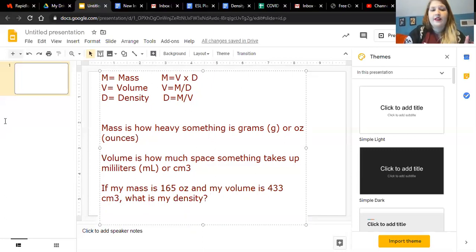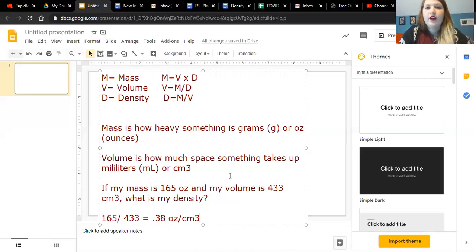So how do we figure this out? Look at our density formula, mass divided by volume. 165 divided by 433 gives me 0.38 ounces divided by centimeters cubed, and that is our final answer for density.